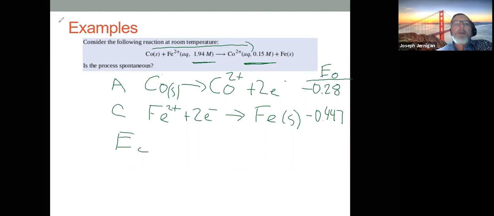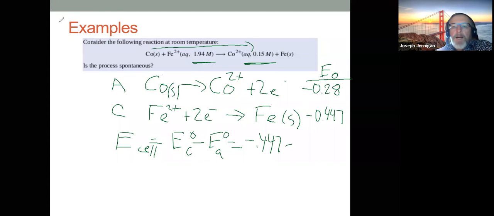So E cell as written, E cathode minus E anode, is equal to E0 cathode minus E0 anode, and that's equal to minus 0.447 minus a negative 0.28. Minus a negative 0.28 is a plus, got two negatives there. And that comes out to be minus 0.17.